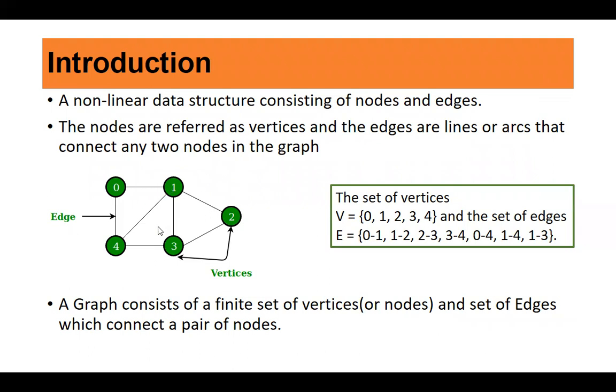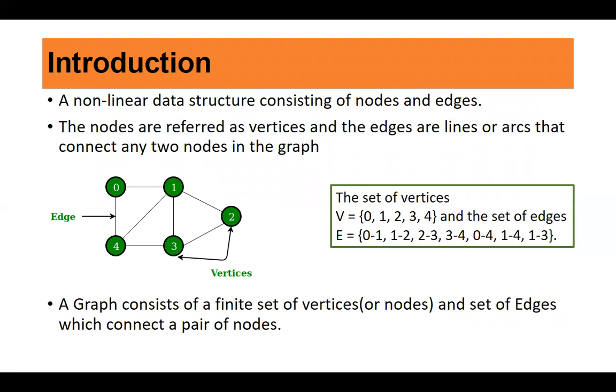If you look at this graph, the set of vertices is 0, 1, 2, 3, and 4. And the edges: 0 to 1 is a line between two vertices. A line joining two vertices we call an edge, right?